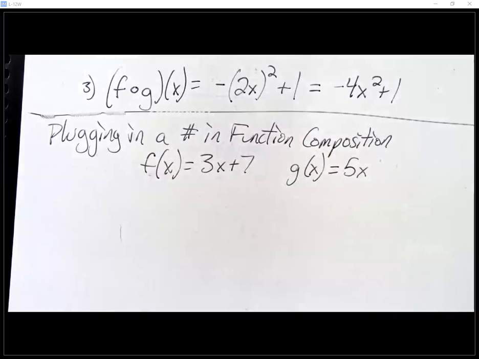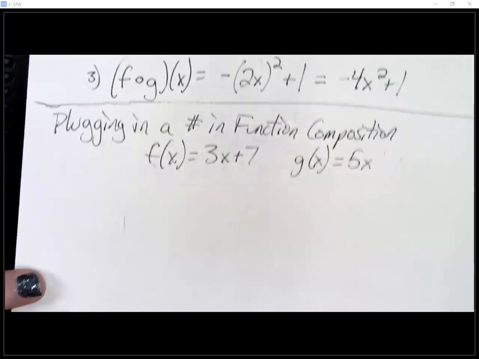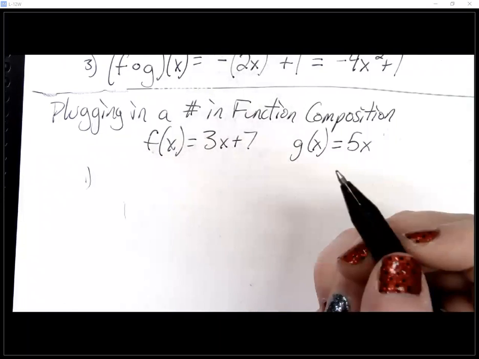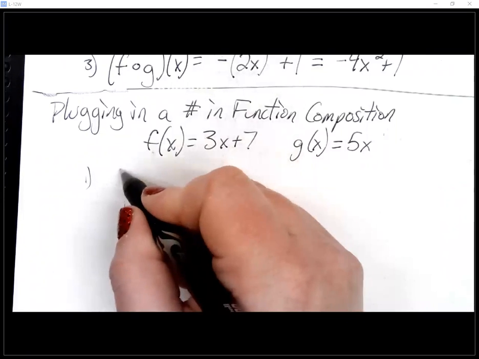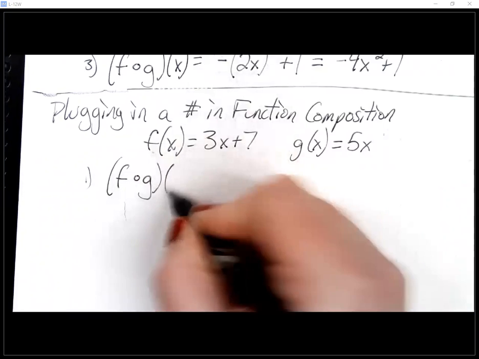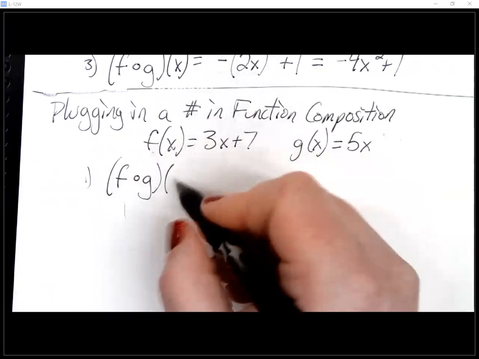They can be anything. So what I might ask you to do is something like this. F of g, but not of x, let's say of 2.